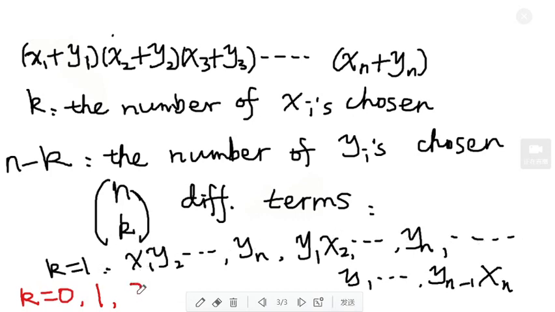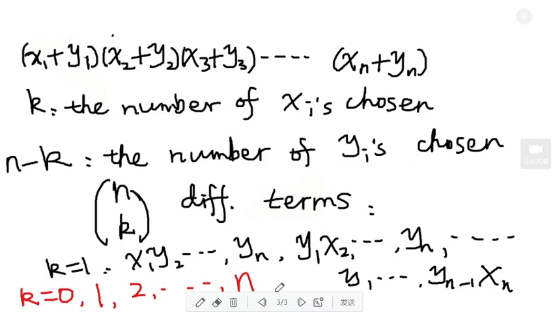And then what is the largest value we can get for k? Of course, n, because totally we can only have n objects in one term. So when k is n, which means in the term you have all the n xi's. How many yi? Of course, it's 0.